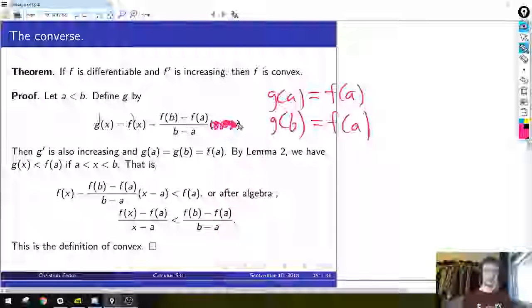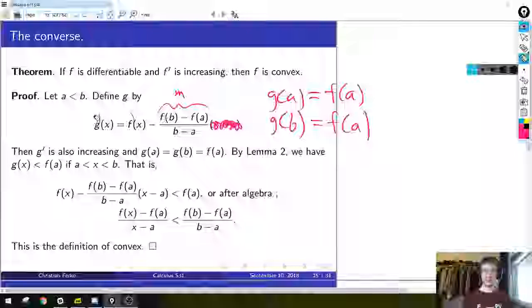This goes away as well, because the derivative of a constant times x is that constant. So if f prime is increasing, then you see g prime is also increasing, because g prime is just f prime minus some number. If one function is increasing and you just subtract a number, then it's still going to be increasing. The value has changed, but whether it increases or decreases hasn't changed.